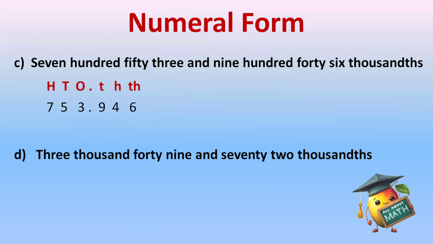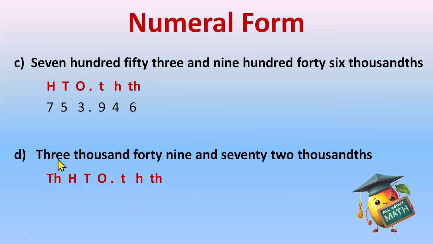Moving to the next example. We have 3,049 and 72 thousandths. Okay, so we have thousands before decimal and thousandths after decimal as well. Writing the place value chart first. Before decimal, ones, tens, hundreds, thousands. And after decimal, tenths, hundredths, thousandths.